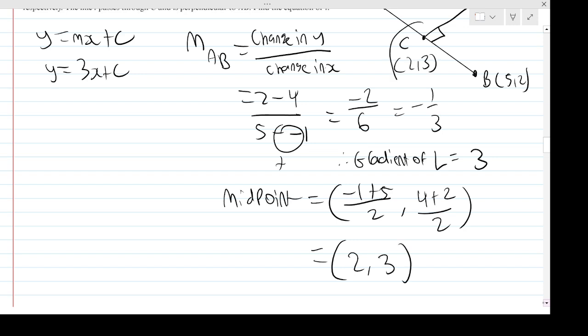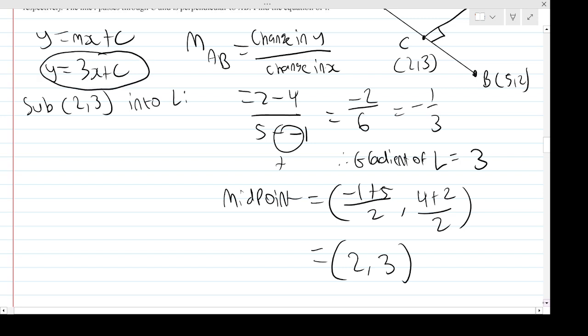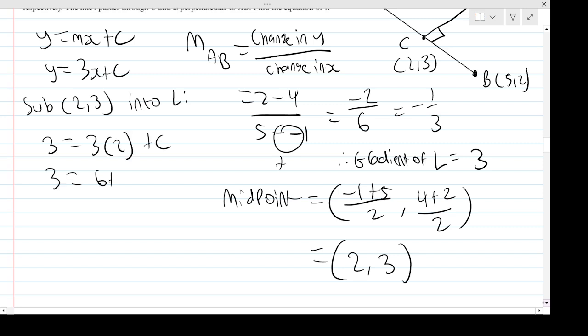Now we know this point also lies on the line L. We can substitute this point into our equation for L here. So if we do that, y would be 3, and 3x would be 3 of 2, plus c. That means 3 is equal to 6 plus c.